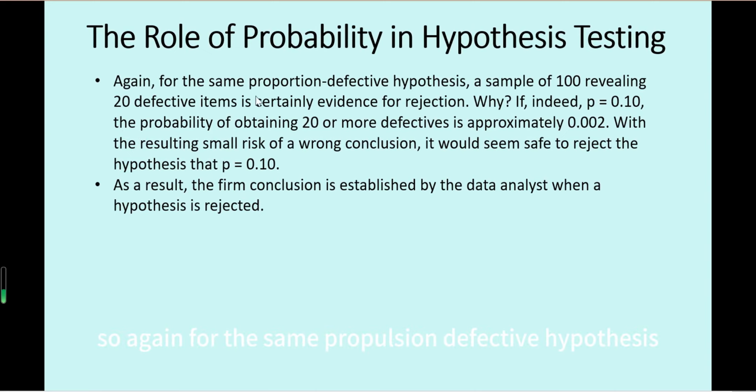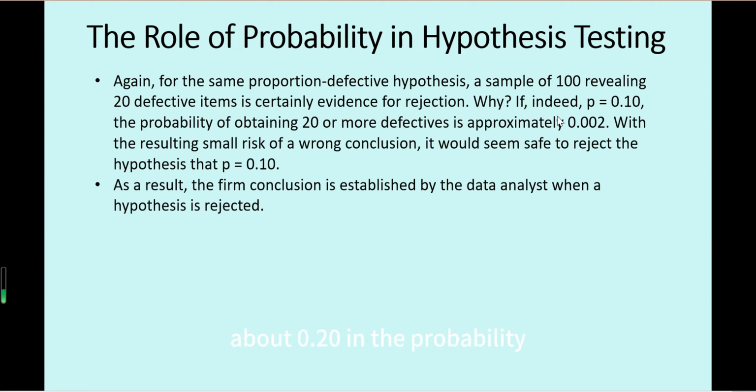So again, for the same proportion defective hypothesis, a sample of 100 revealing 20 defective items is certainly evidence for rejection. If 20 of 100 are defective items, this means in the sample the proportion is about 0.20.